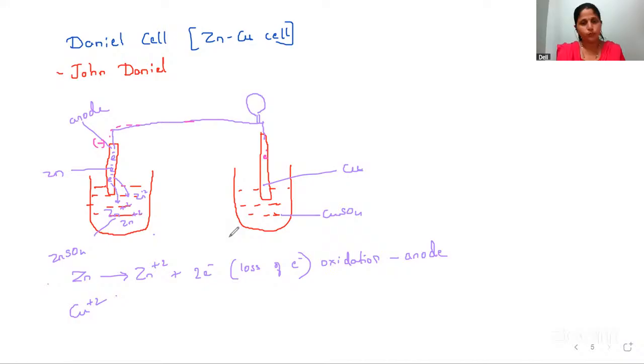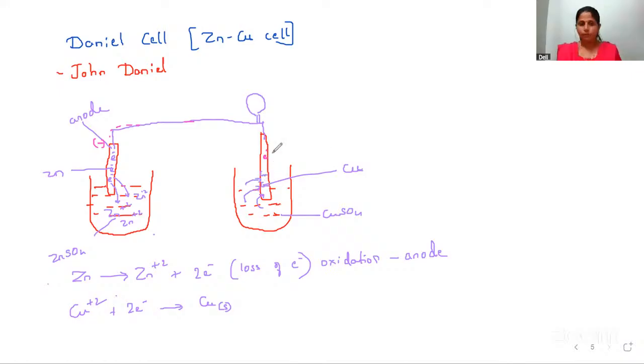So these Cu+2 ions from the solution, very important, from the solution will take up the electrons given by zinc and they will form Cu, solid, which goes on getting deposited. Cu goes on depositing on this particular electrode.